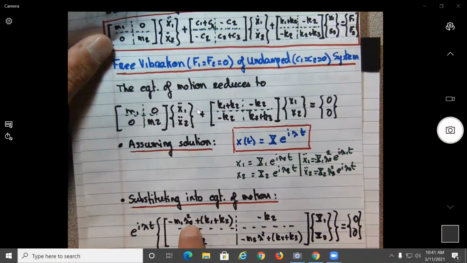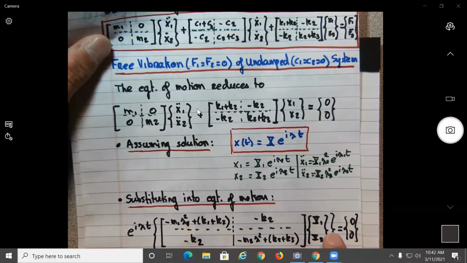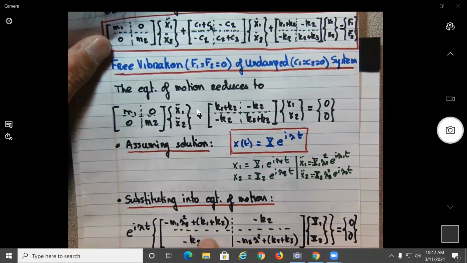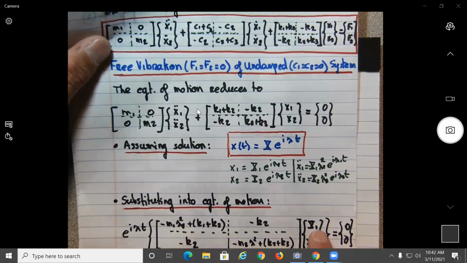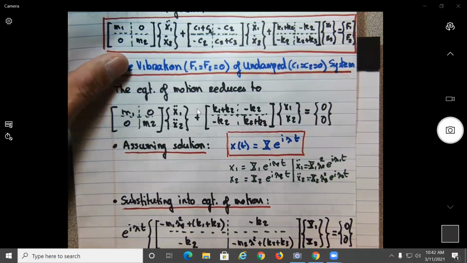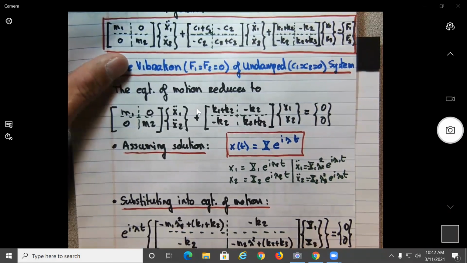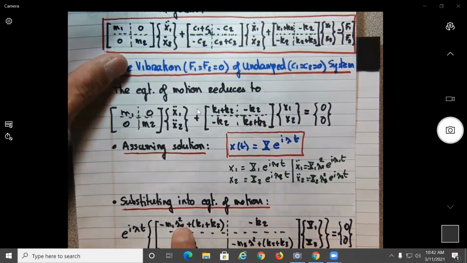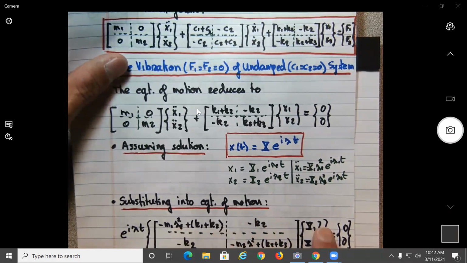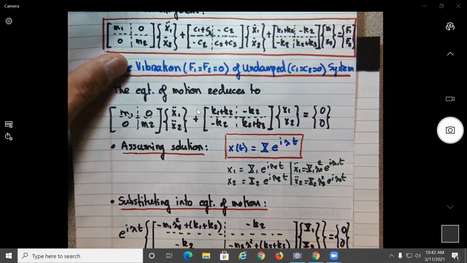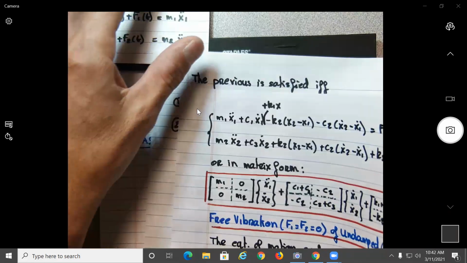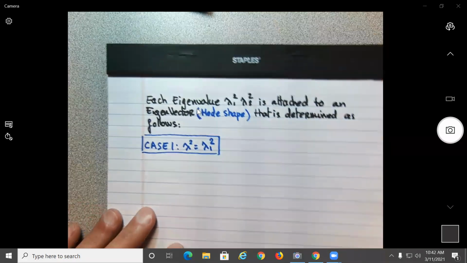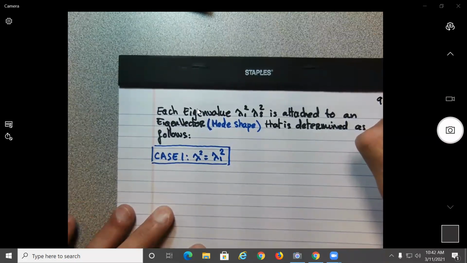We're going to replace the lambda by lambda 1 first. So here we're going to have x1, x2, no? So for lambda 1 square, we're going to find what would be then the solution x1 and x2. Then we do the same thing. We substitute here by lambda 2, and then we find what is the solution for x1, x2. Okay? So that's what we need to do. Let's see if we have time to finish that, and then next time we do an example.